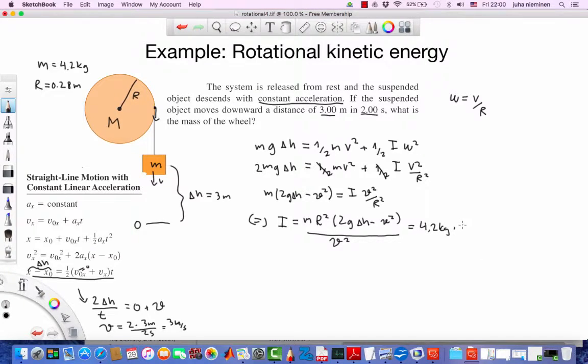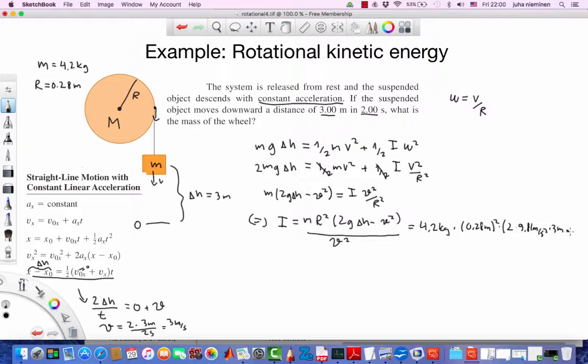So the mass of the falling object is 4.2 kg. Then we have the radius of the wheel squared, 0.28 meters squared, times 2 times 9.81 meters per second squared, times the delta h, which was 3 meters, minus the velocity squared, 3 meters per second, squared.